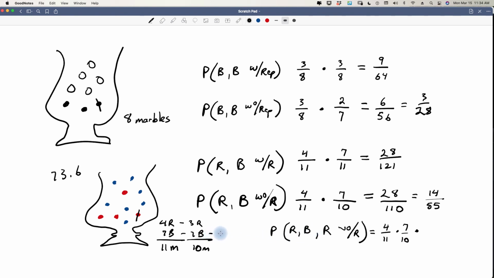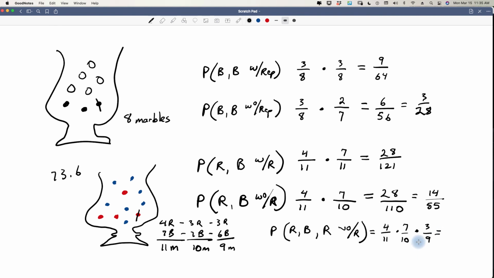So now we are going to be down to 6 blues because we took a blue away, but we still have 3 reds. But we only have 9 marbles total. So if we want to draw a red, that's a 3 out of 9 chance. So 3 red marbles are left, and we have 9 marbles total.